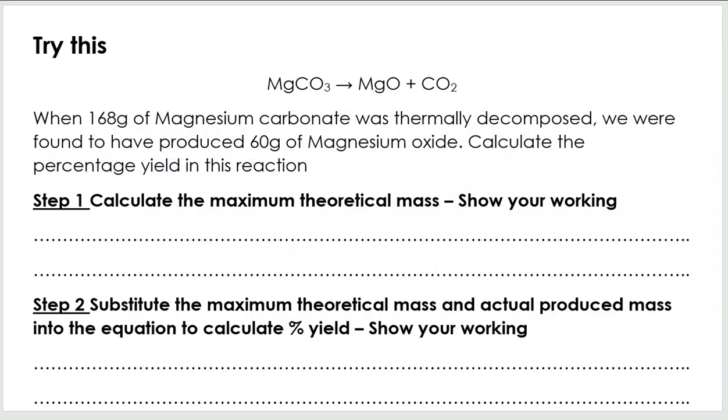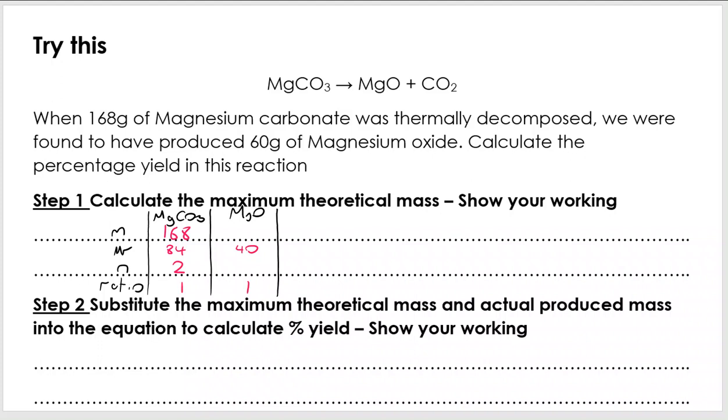So let's have a go at this example. And I'm going to start by drawing out the table. I've got my magnesium carbonate and my magnesium oxide as the two things I'm interested in. I started with 168 grams of magnesium carbonate. I put my two MRs in, 84 and 40. From there, I can work out my number of moles of magnesium carbonate. There are 2. And my mole ratio from the equation, 1 mole of magnesium carbonate makes 1 mole of magnesium oxide, 1-to-1.